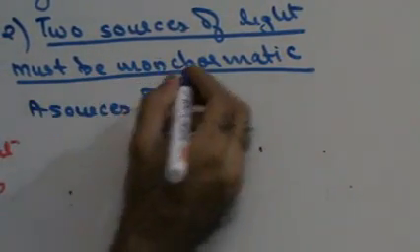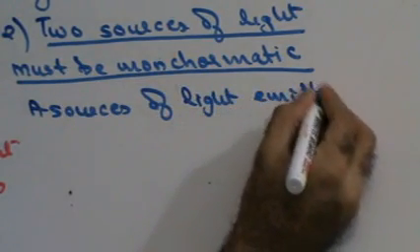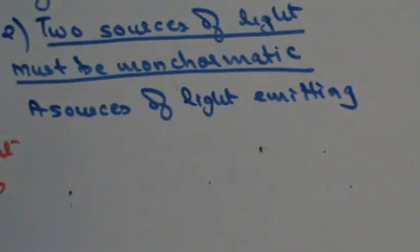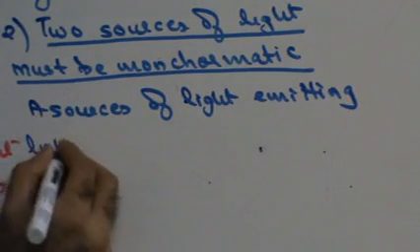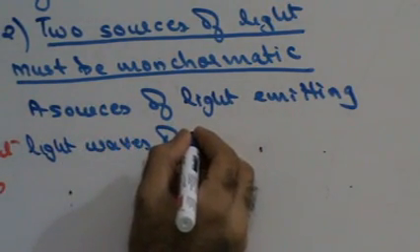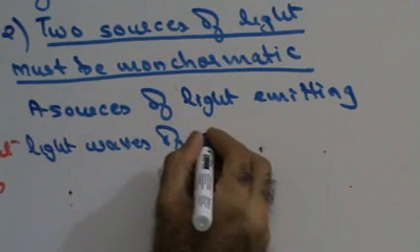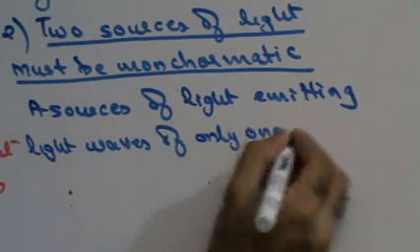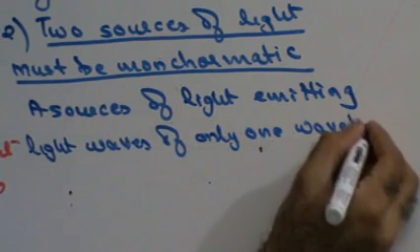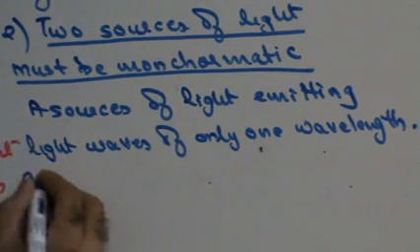So a source of light emitting light waves of only one wavelength is called a monochromatic source.